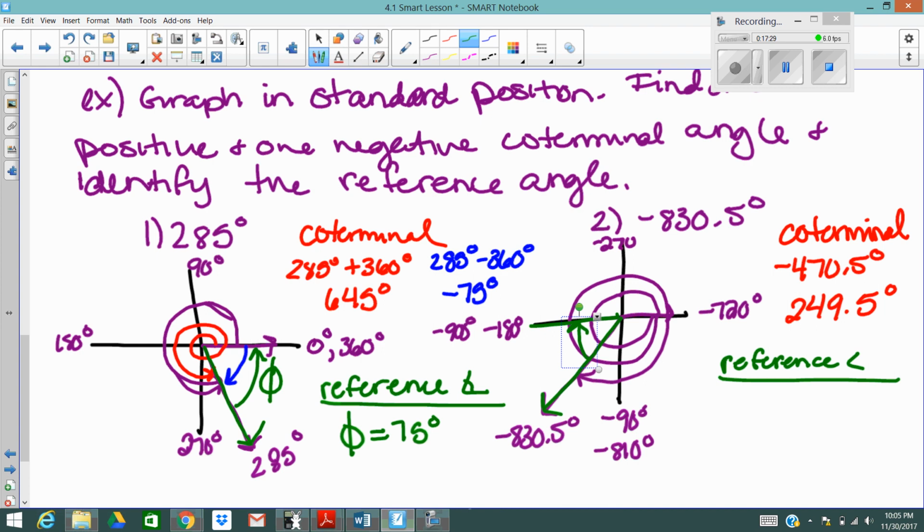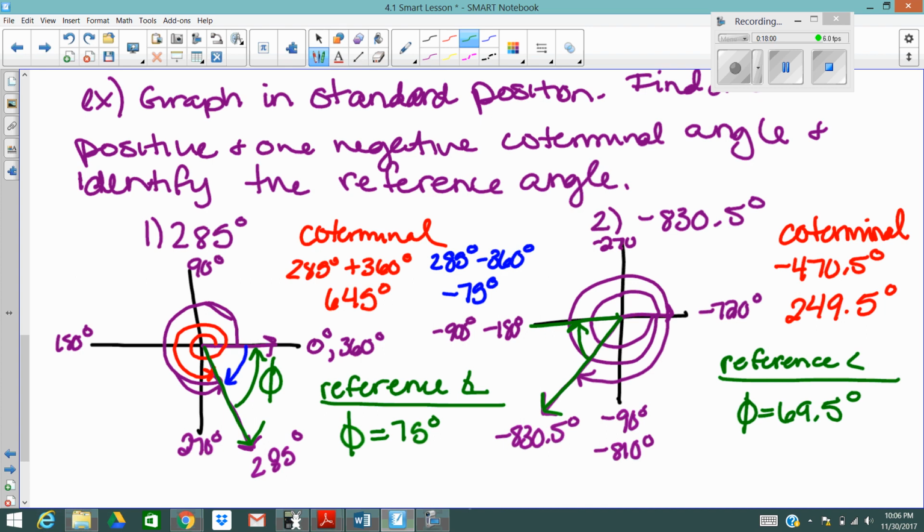So since this angle is at negative 830.5 degrees, and my reference angle will be the angle that gets me up to my x-axis, which is at negative 900 degrees, my reference angle is going to be 69.5 degrees.